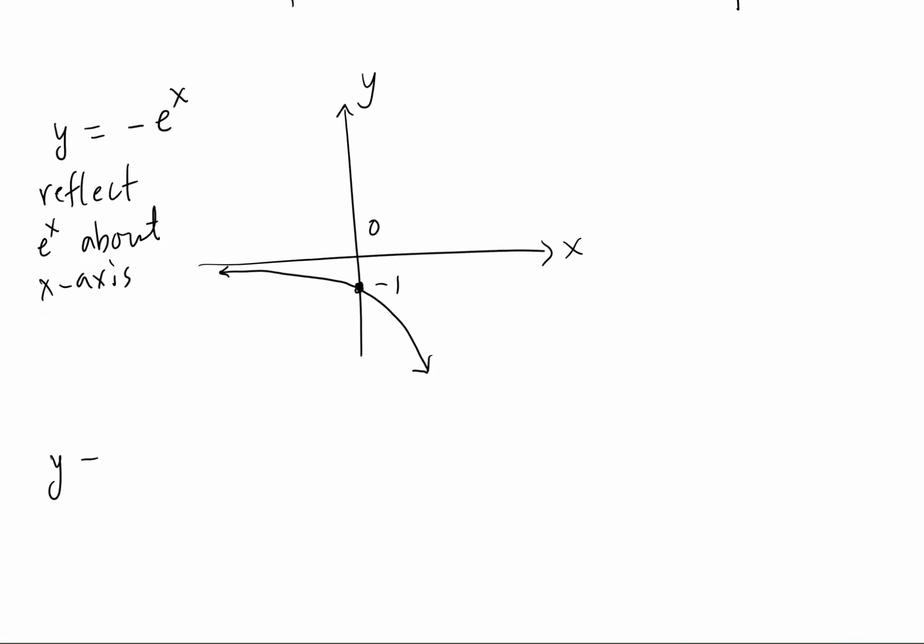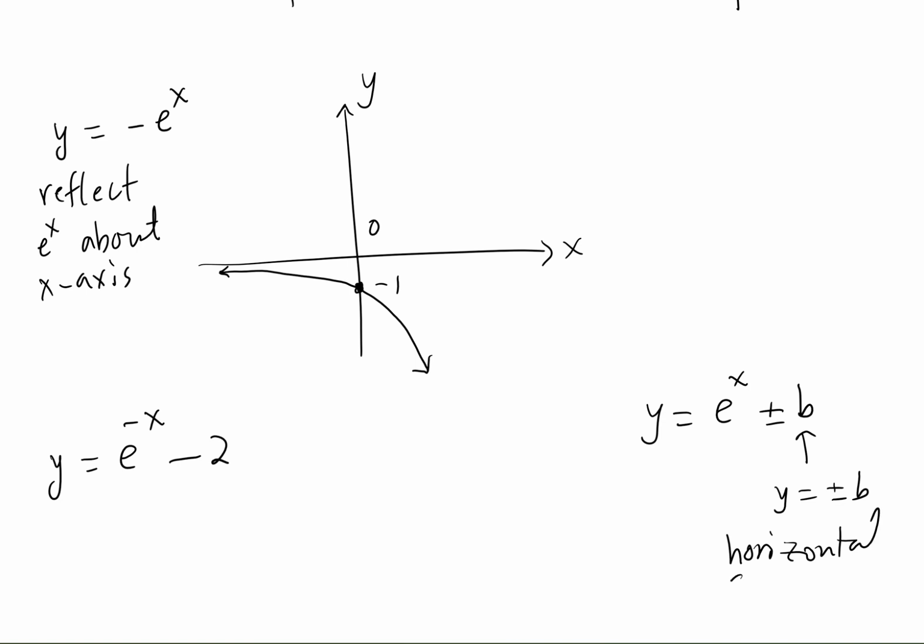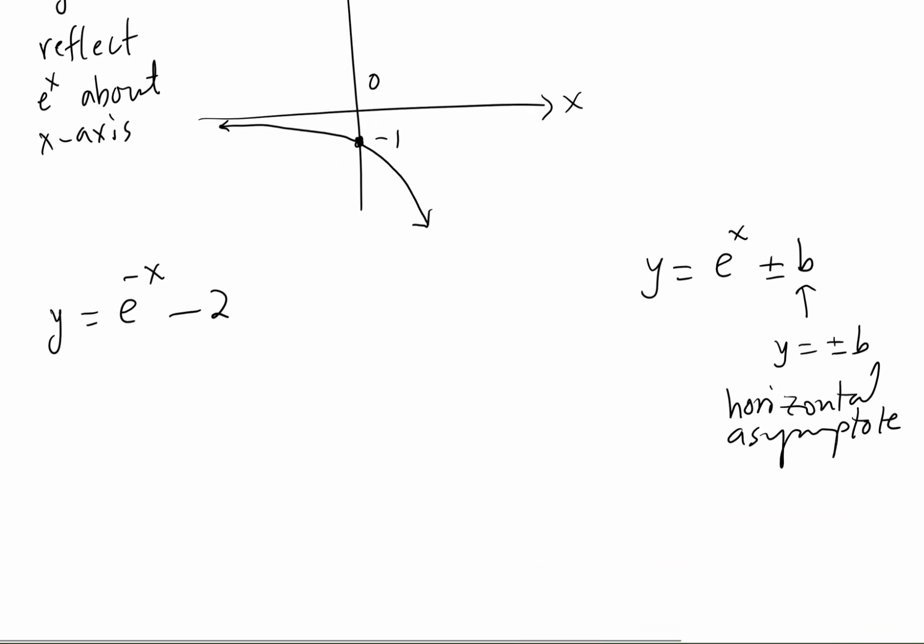And the last one, e to the negative x minus 2. Usually anything that comes after e to the x, plus or minus b, this part here, y equals plus or minus b, is called a horizontal asymptote. So how is that done?